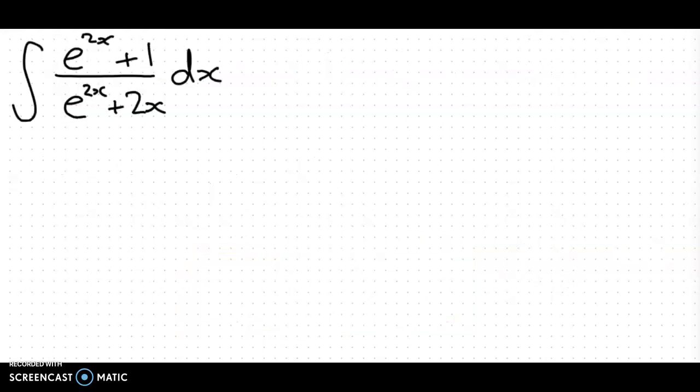Okay, so we're looking at this one and they haven't given us something to substitute and we can't simplify this fraction, so we start to think, is this one of those ones where the top of the fraction, the numerator, is the derivative of the denominator?